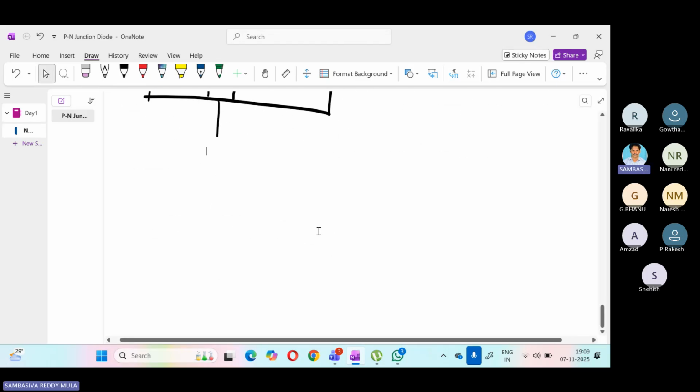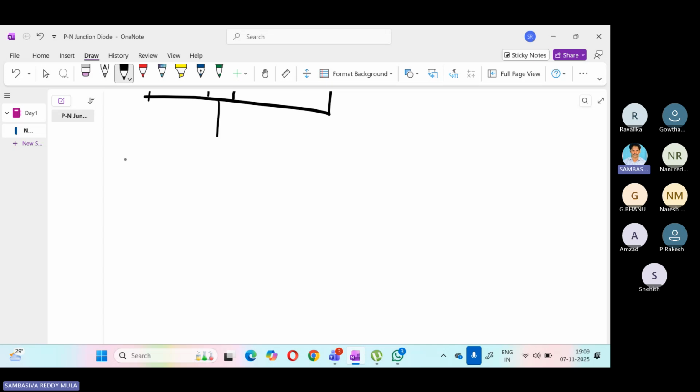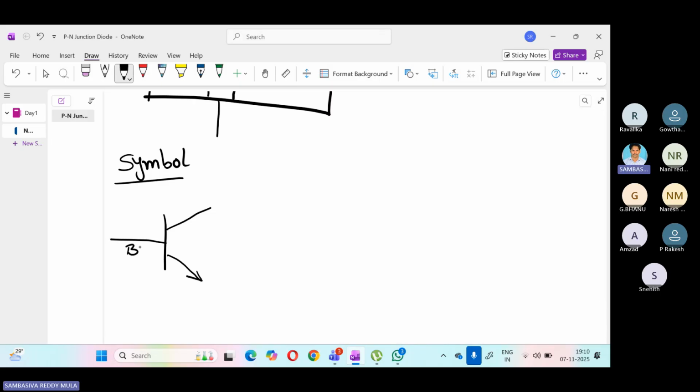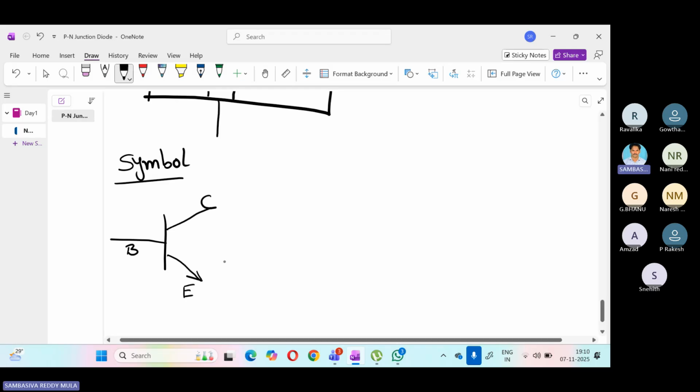Coming to the symbol of BJT. If you consider the BJT symbol, this is the base, this is the collector terminal, and this is the emitter terminal.